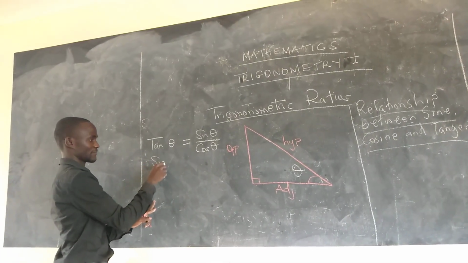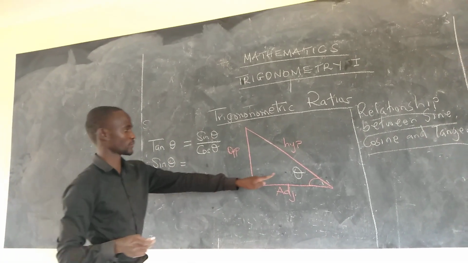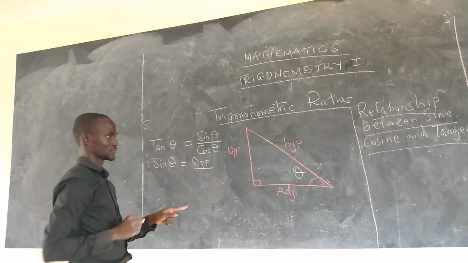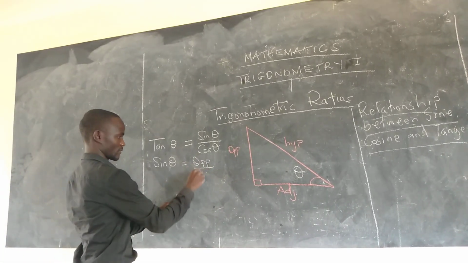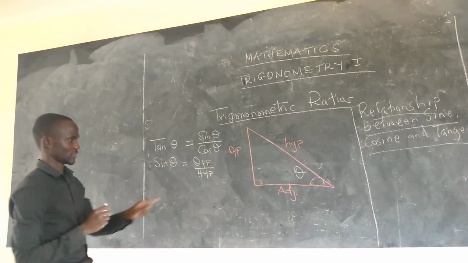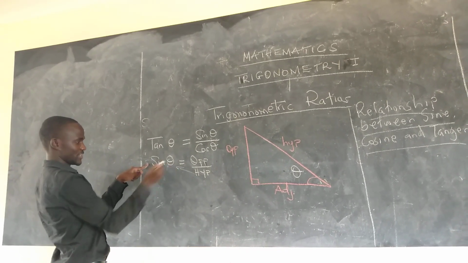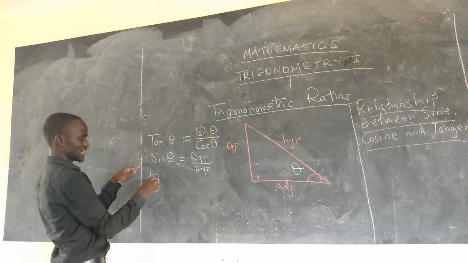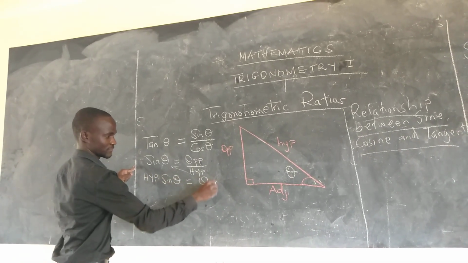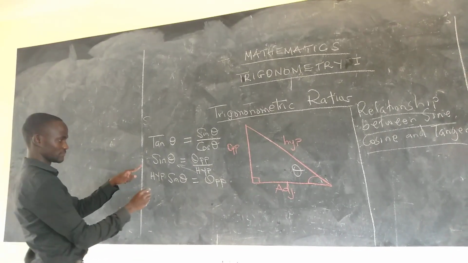Remember, sine theta is equal to opposite over hypotenuse. So basically what we are saying is, if we cross multiply, we'll have, you take hypotenuse, you multiply by sine theta, you will get opposite.